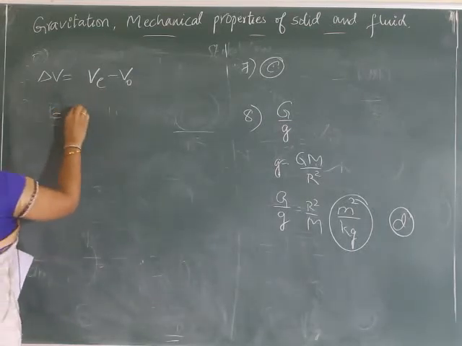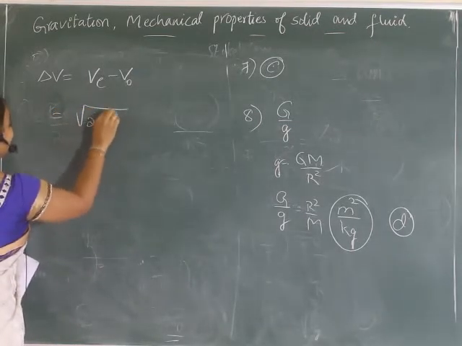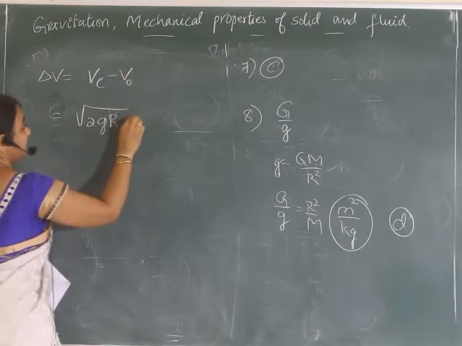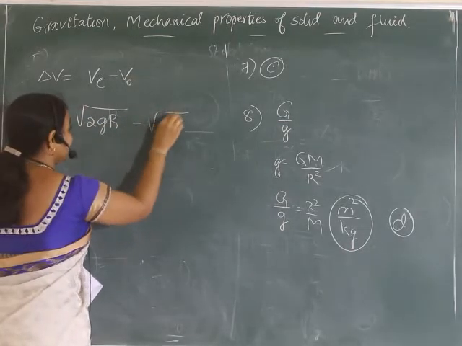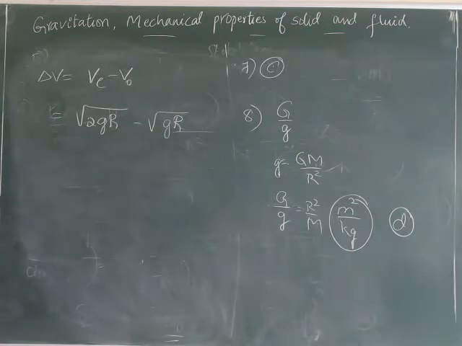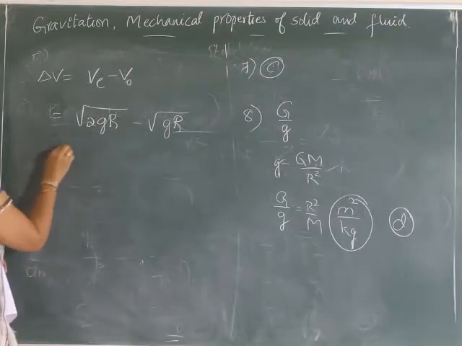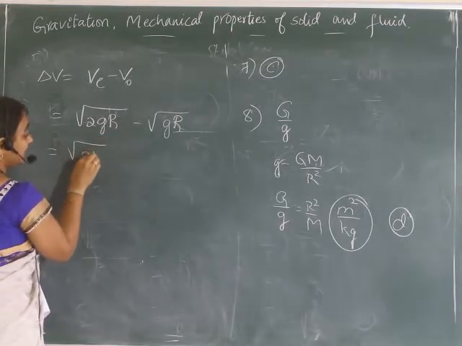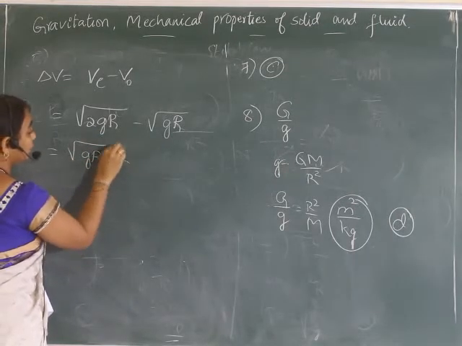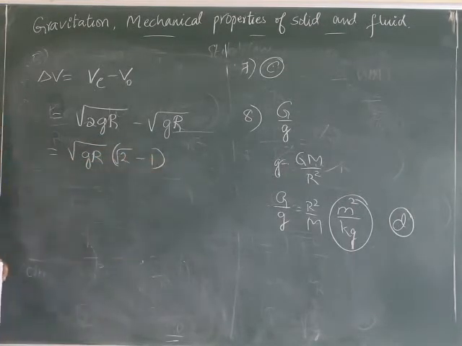The expression for escape velocity is square root of 2gR, whereas orbital velocity is square root of gR. Square root of gR is common, times root 2 minus 1.